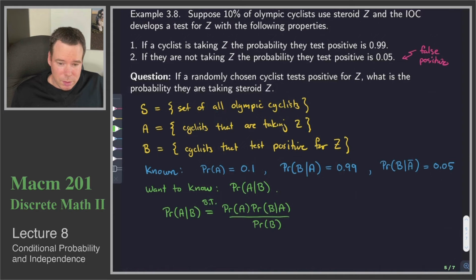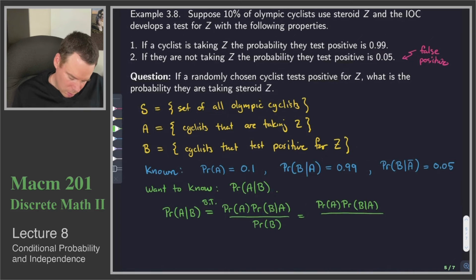Now, I know the two probabilities in the numerator. I don't know the denominator, but that's all right, because even though I don't know what the probability of B is, I do know what the probability of B given A and given the complement of A are.